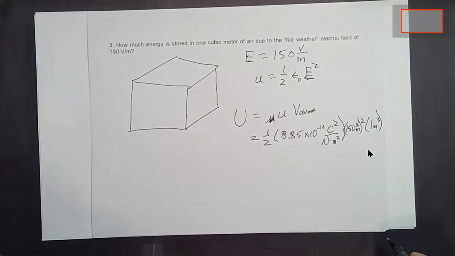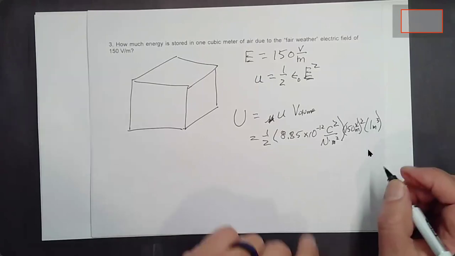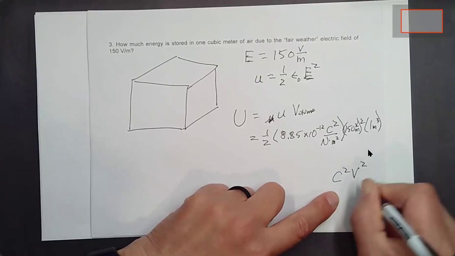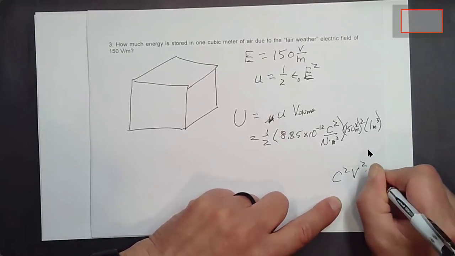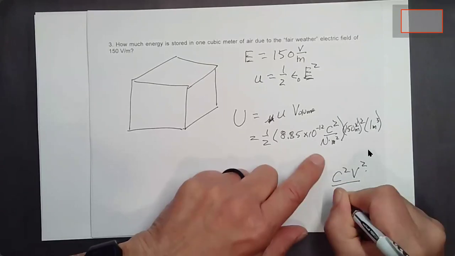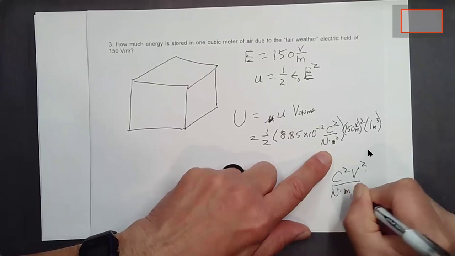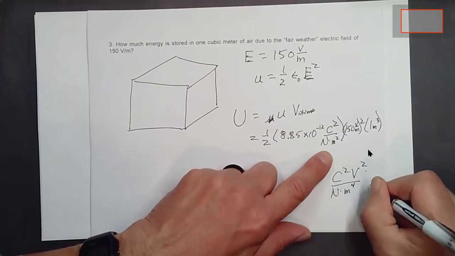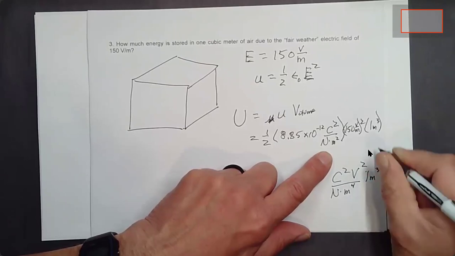Unit-wise, what are we going to end up with here? We'll have coulomb squared, volts squared on top. On the bottom, I'll have Newton meters to the 4th, and then I've got a meter cubed up here.